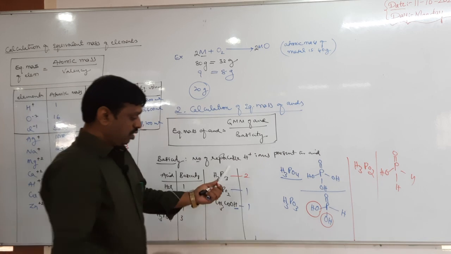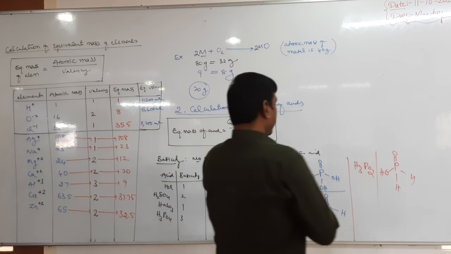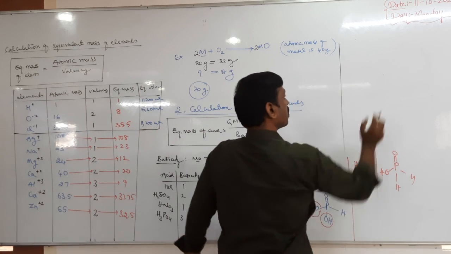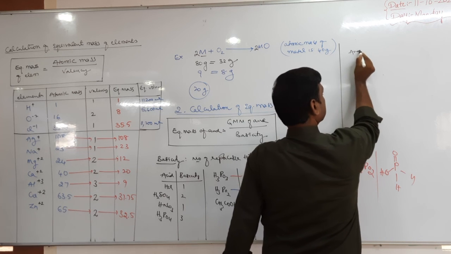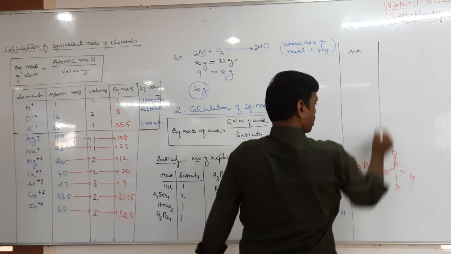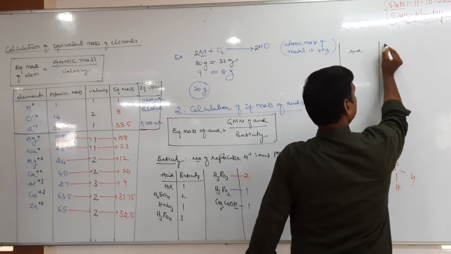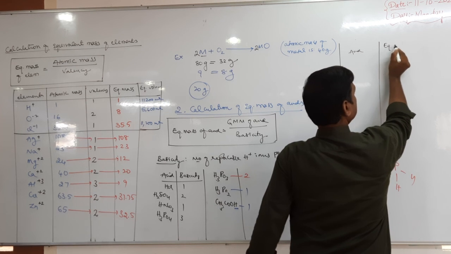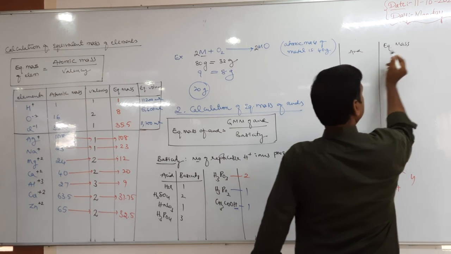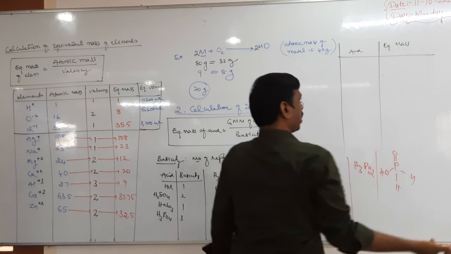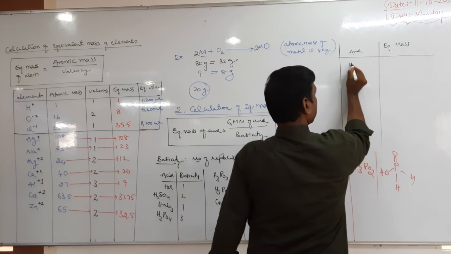So in that way, you can calculate the basicity. Right. Now, how do you calculate equivalent mass? Now take the acids and their equivalent mass. Acid is HCl.